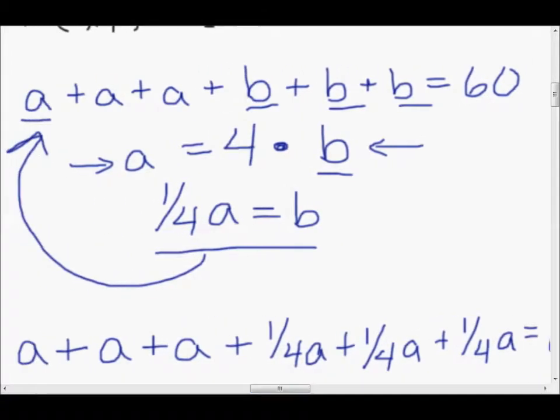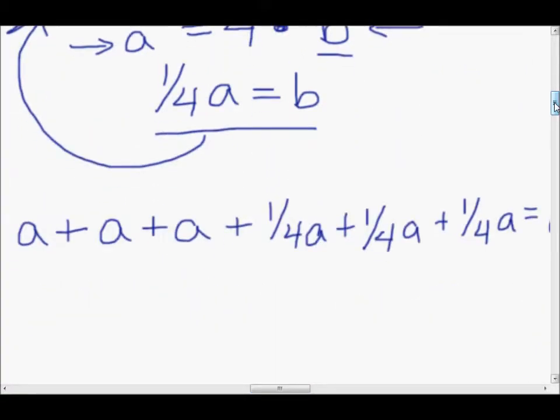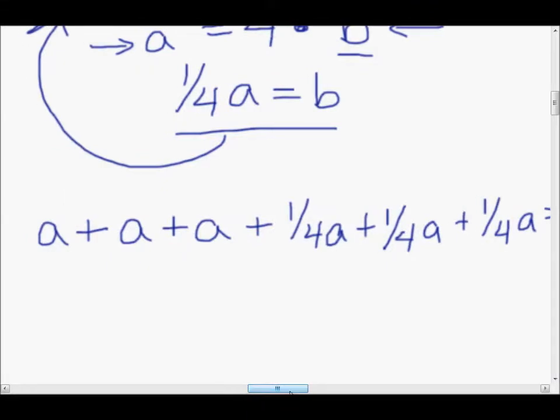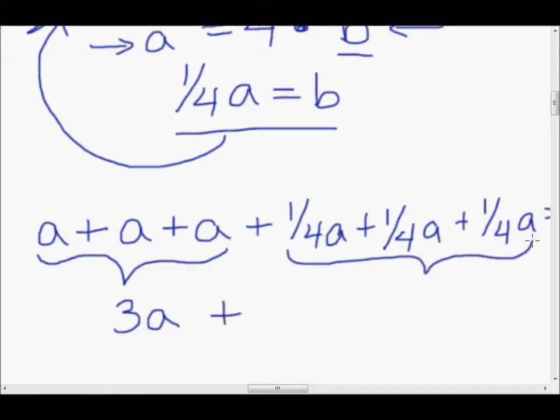But let's go ahead and use some algebra and make this a little simpler, because it would be kind of gross to solve as it stands. We can turn this a plus a plus a into 3a, plus, and we can turn this 1/4 a plus 1/4 a plus 1/4 a into 3 times 1/4 a, right?